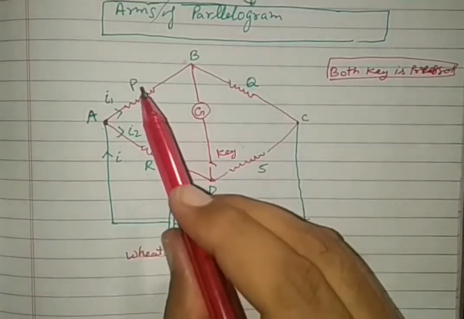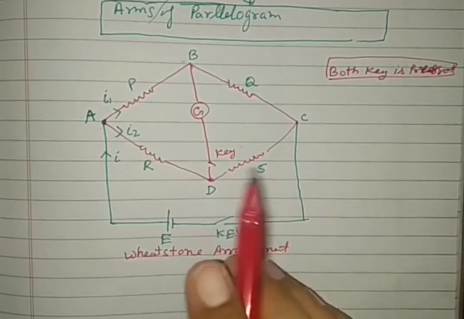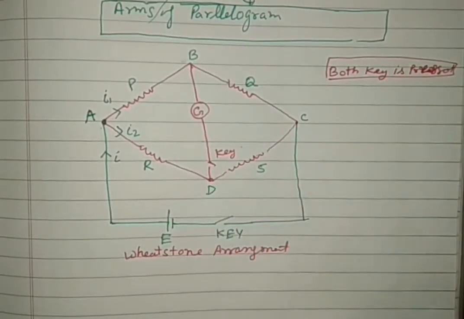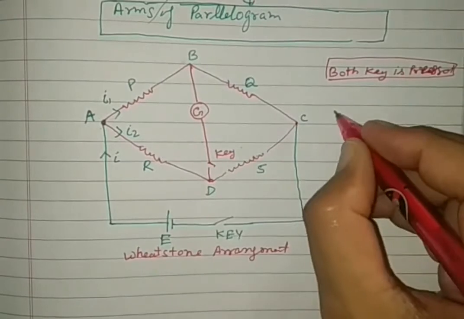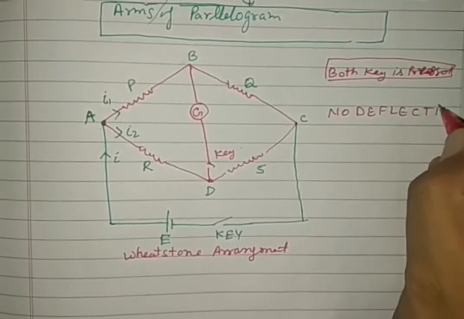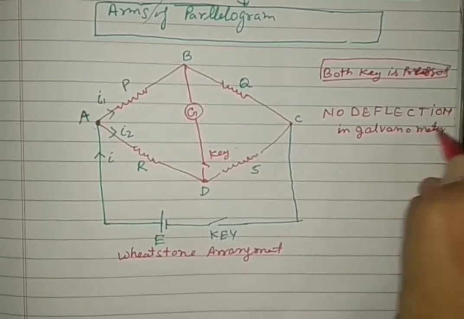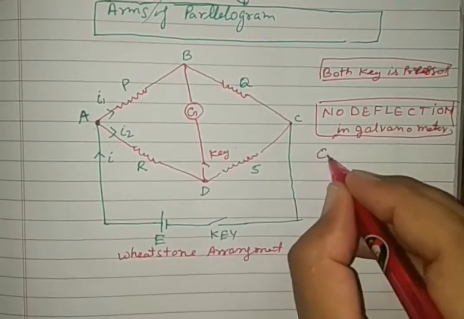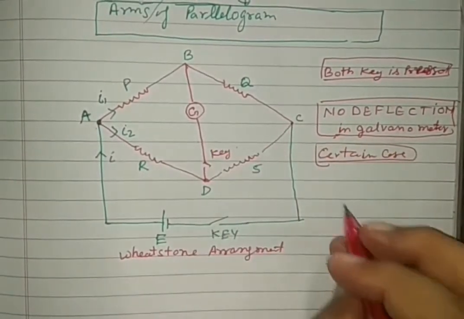But if you select the four resistances P, Q, R, S in such a way that there is no deflection in the galvanometer, a certain condition is obtained in which there is no deflection in the galvanometer.